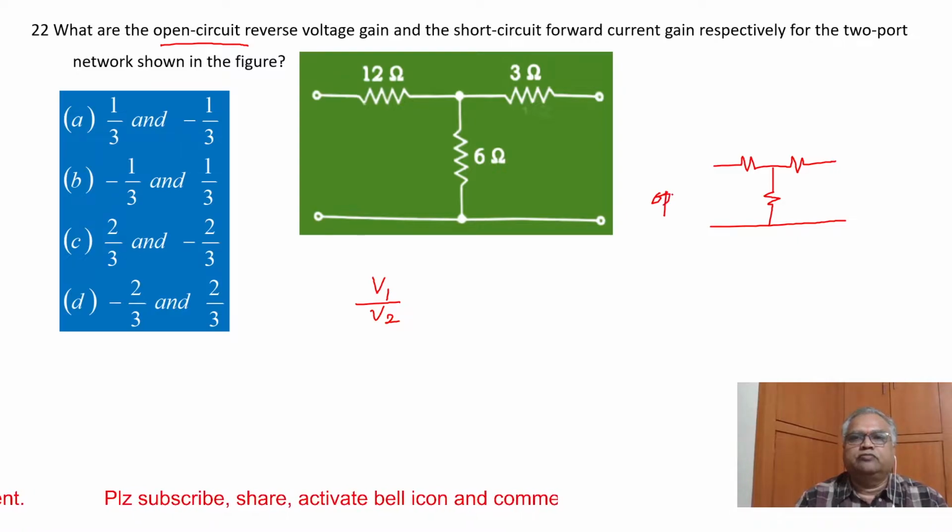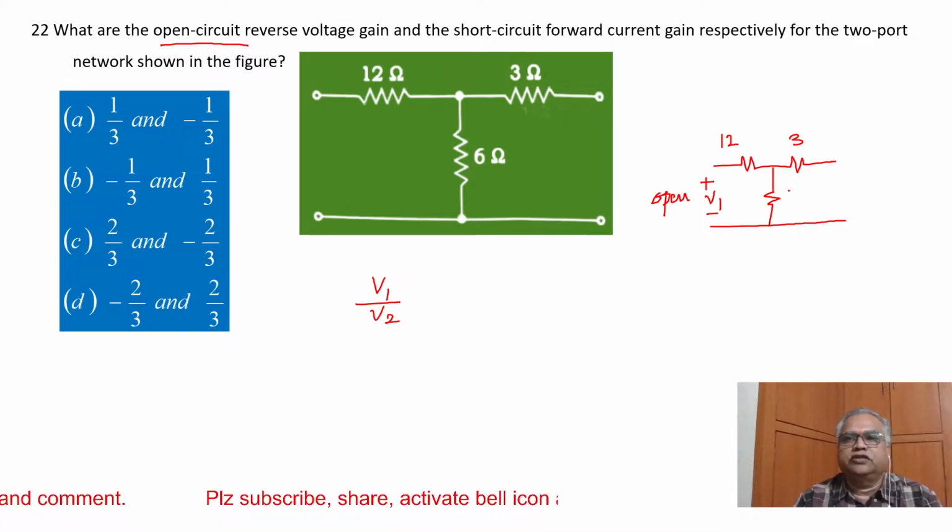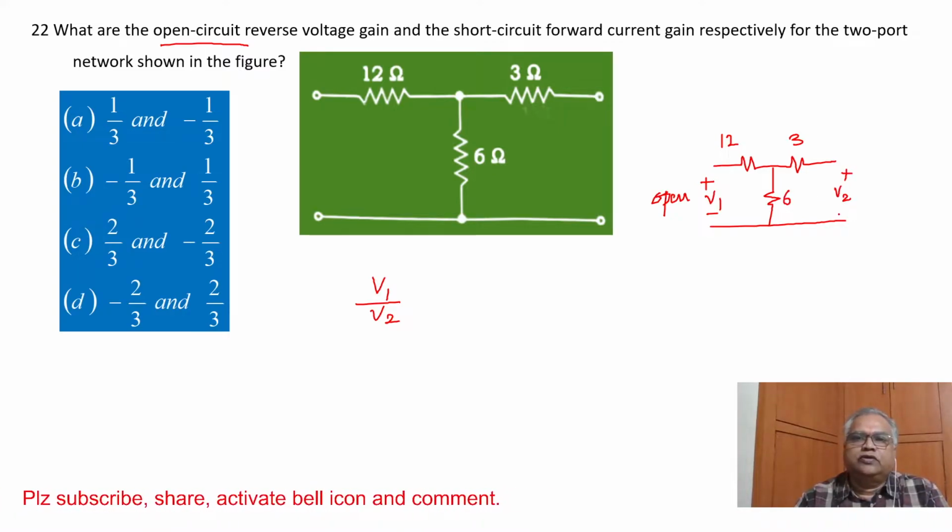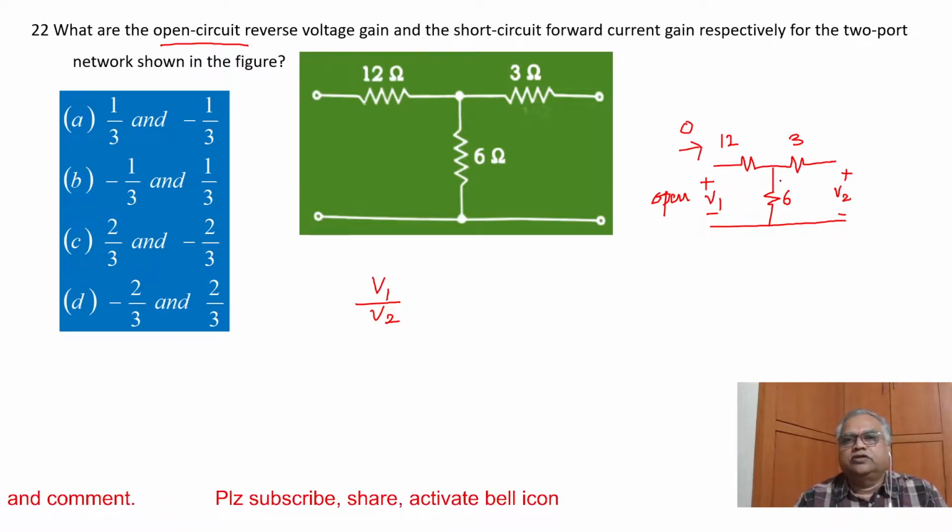So this I am open, this voltage V1 and current 0, 12, 3, 6, and here V2. So we want a V1 by V2 ratio. When this current is 0, what is this V1 will come here.